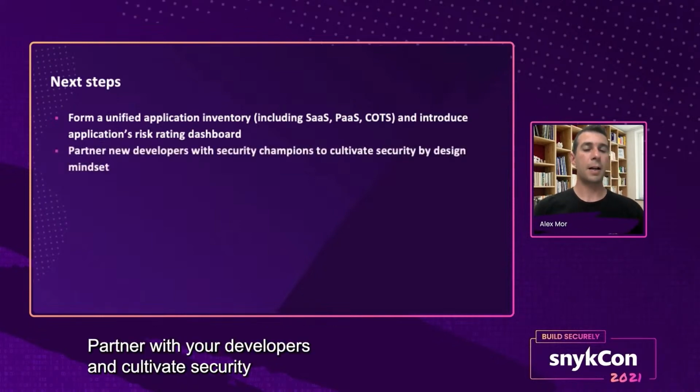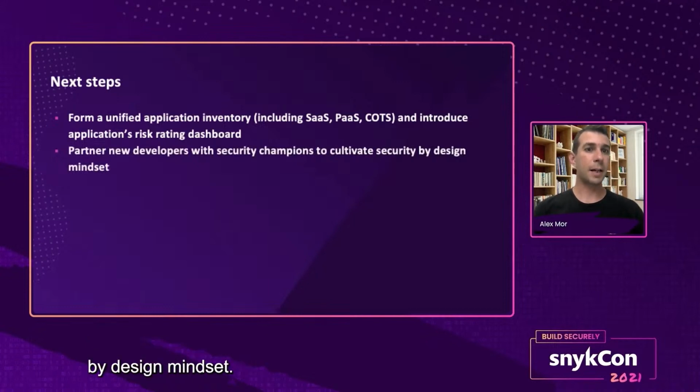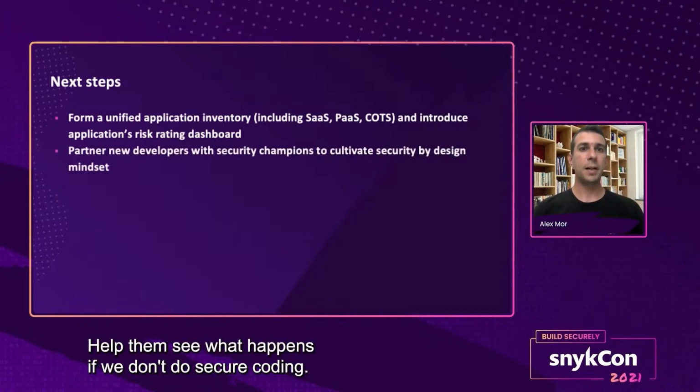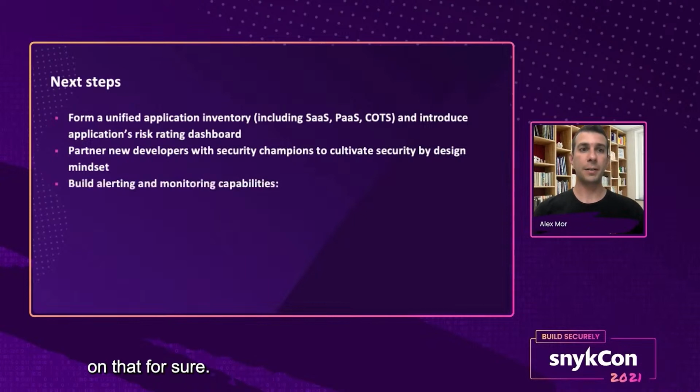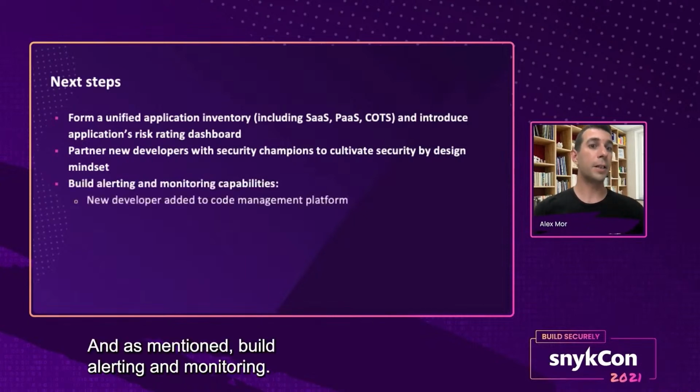Partner with your developers and cultivate a security by design mindset. Help them see what happens if we don't do secure coding, what happens if we don't do secure defaults, for sure. And as mentioned, build alerting and monitoring, right?